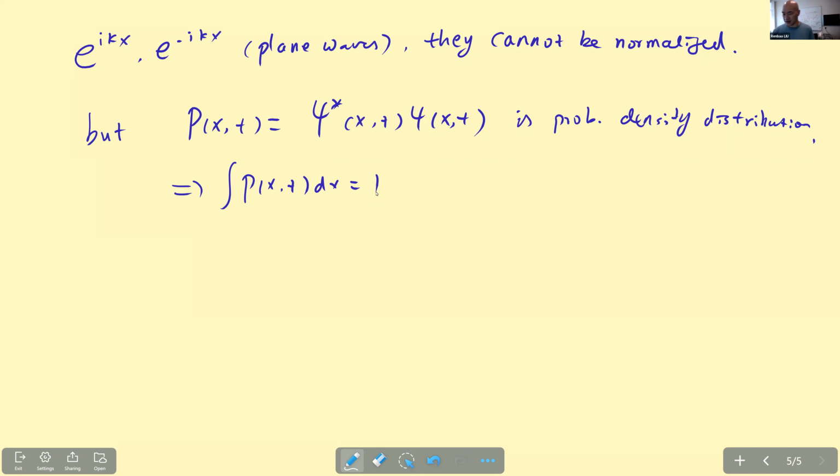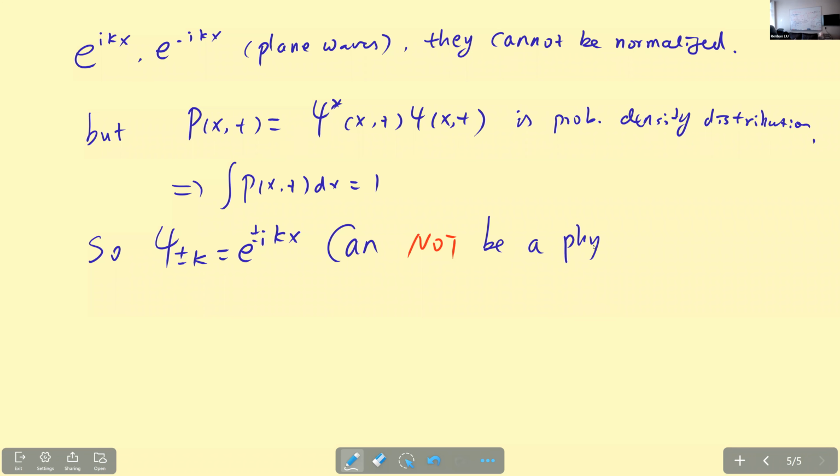So that means immediately you got a very frustrating conclusion. This eigenstate, let's call this one ψ_{±k}, equal to e^{±ikx}, cannot be a physical state. That's very annoying, right? You found the eigenstates of a system, but this state cannot be a physical state because it cannot be normalized.